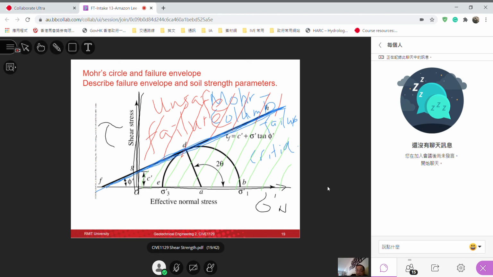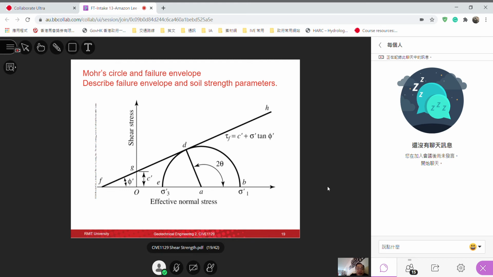And it relates the effective normal stress and the maximum shear stress developed along the potential slip plane. Okay. The equation of this straight line, to define these two zones, is the famous Mohr-Coulomb failure criteria.